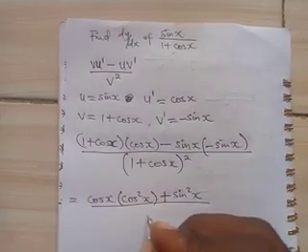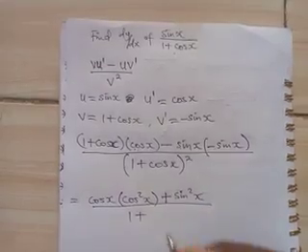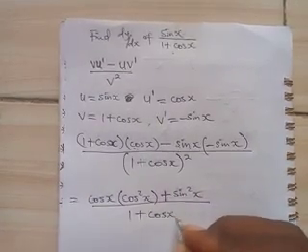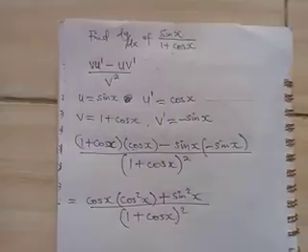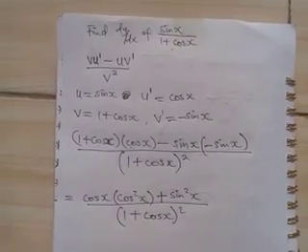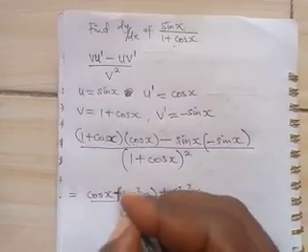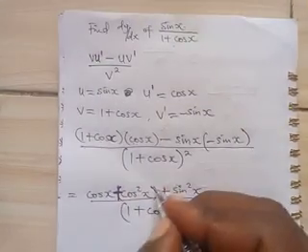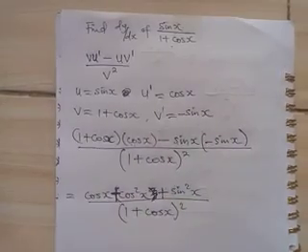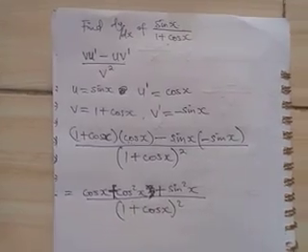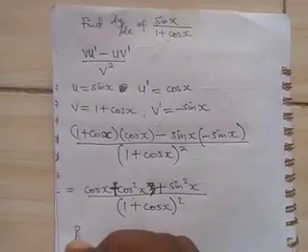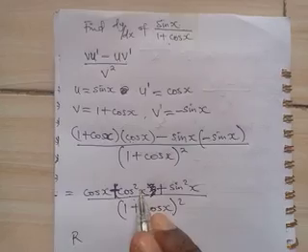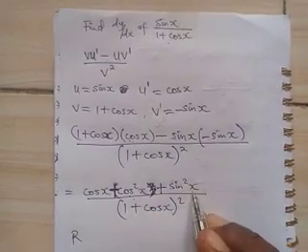over 1 plus cos x all squared. So sorry, here will be plus, because we've already multiplied it out, so it's plus. Now we need to recall, if we look at here, we have cos square x, here we have sine square x.